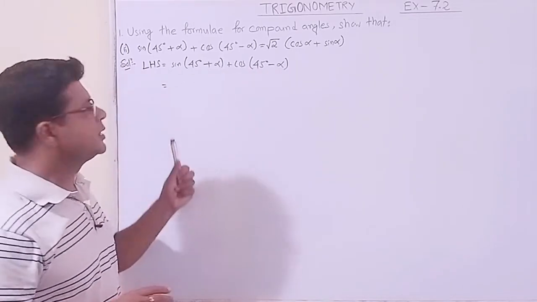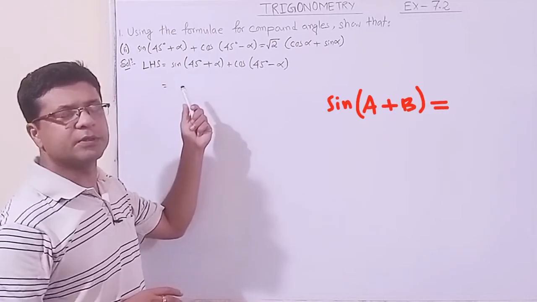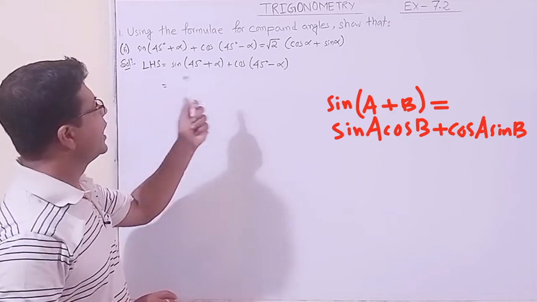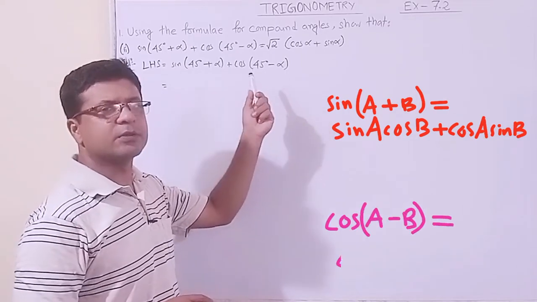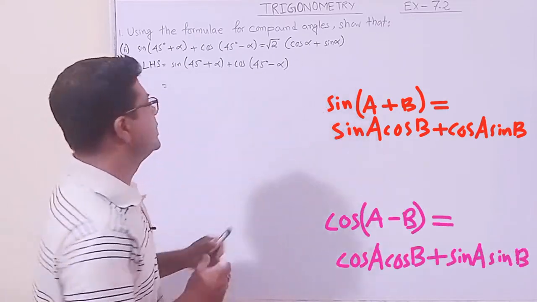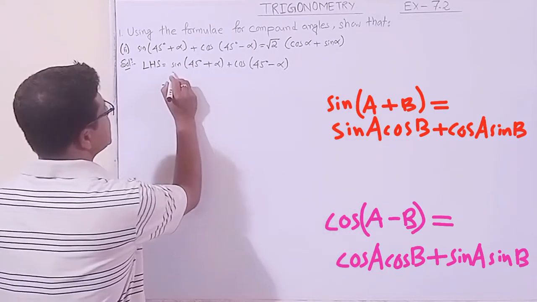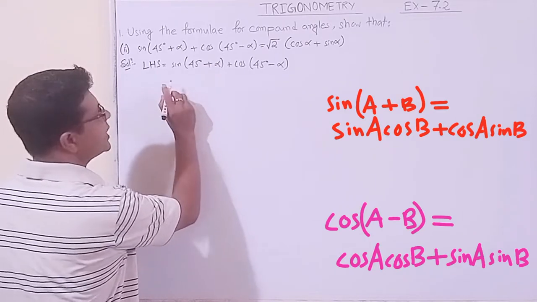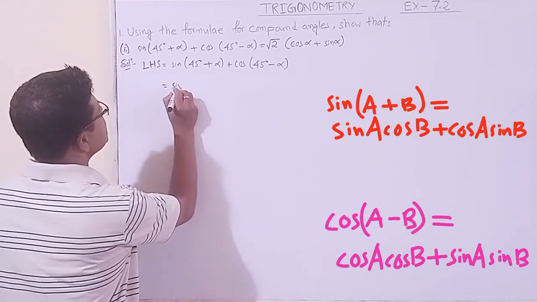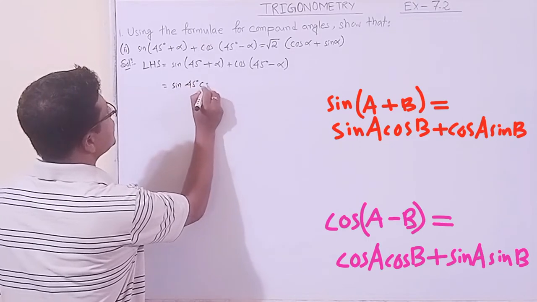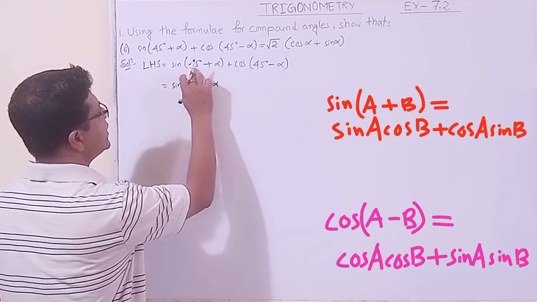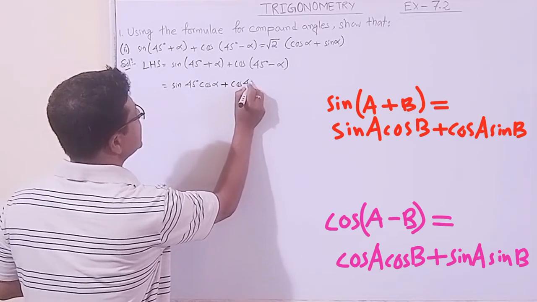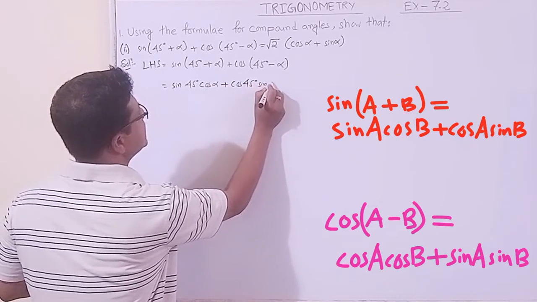Now we know that the formula sine a plus b is equal to sine a cos b plus cos a sin b, and cos a minus b is cos a cos b plus sin a sin b. Let us apply this here. This formula is about sine a plus b. So what is the formula? Sine a plus b equal to sine a cos b plus cos a sin b.